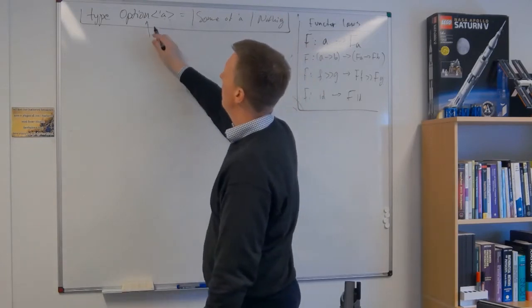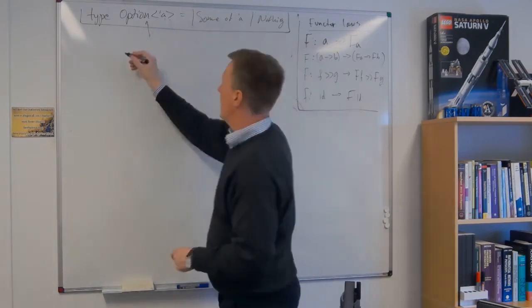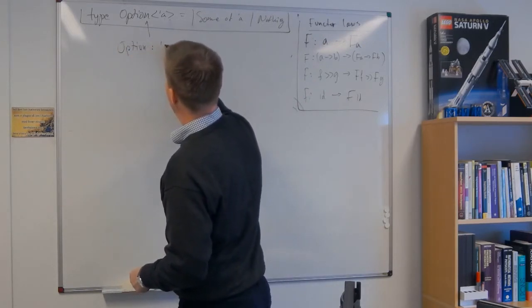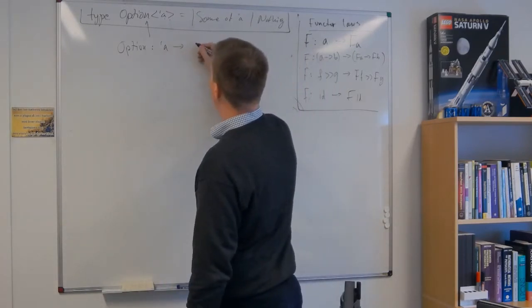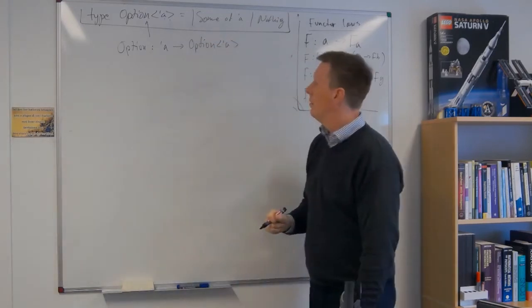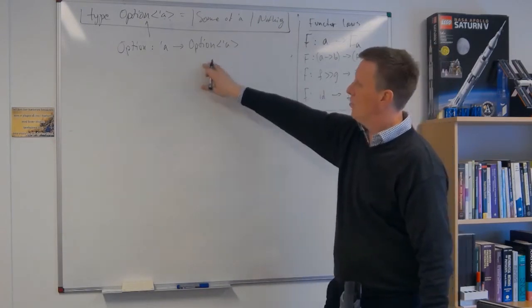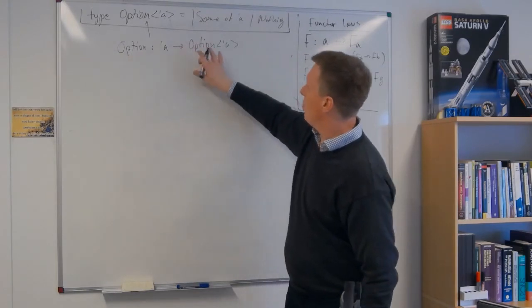So we could write this in pseudo syntax as a function option, which takes an argument A, which is a type, and it produces an option of A, which is a concrete type. So this option here is a function to produce a concrete type.